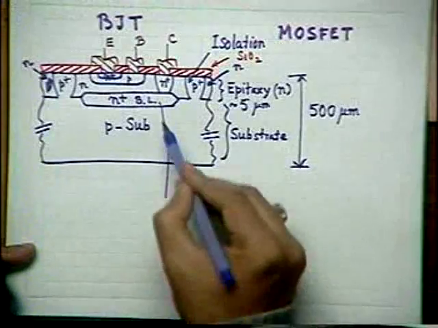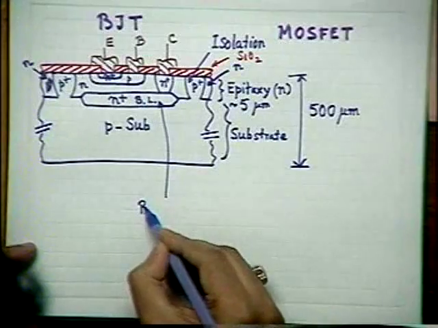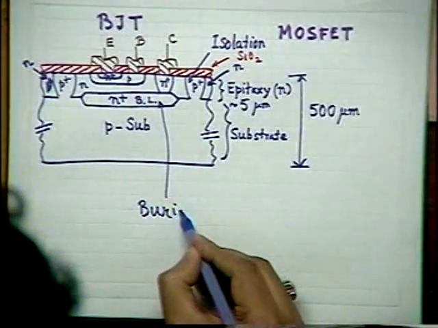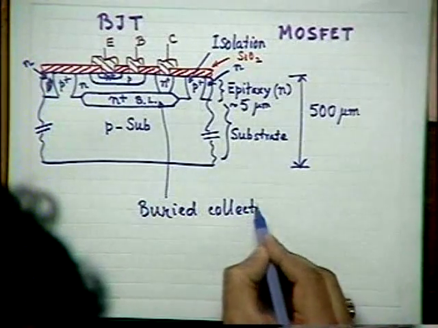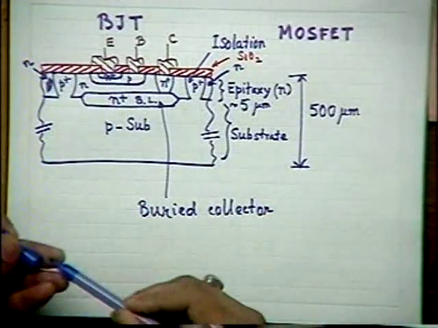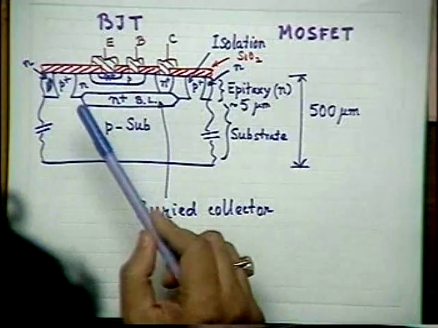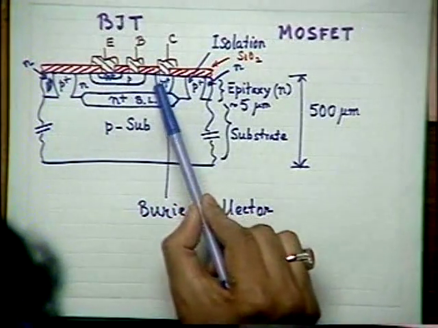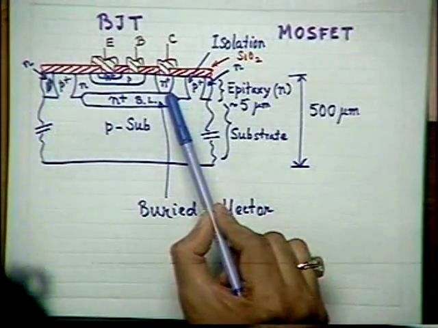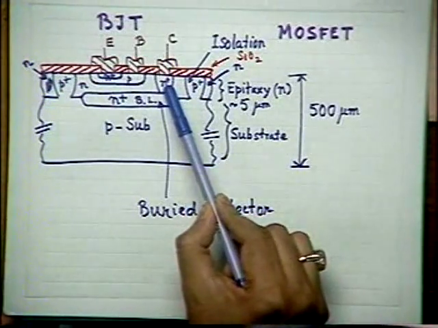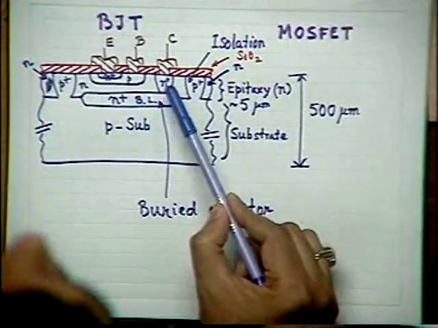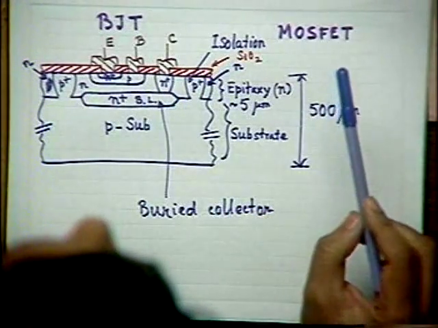This one is also called buried collector. And then you have an N plus diffusion starting from the collector contact. This one is called deep collector or deep collector diffused region.